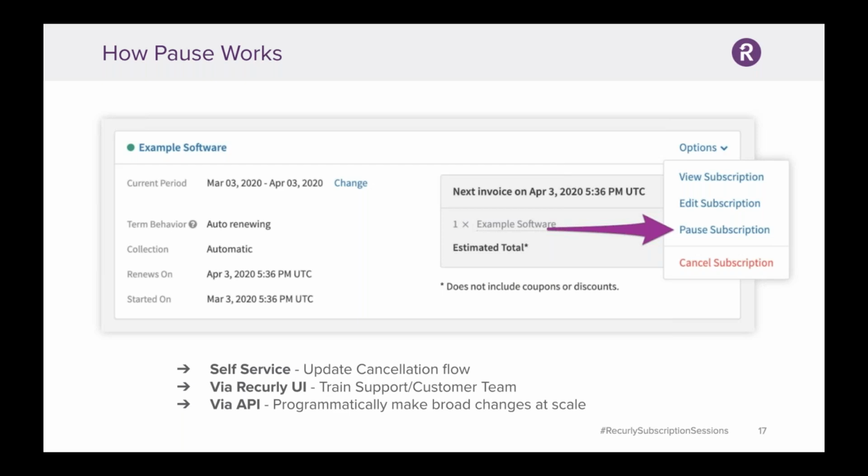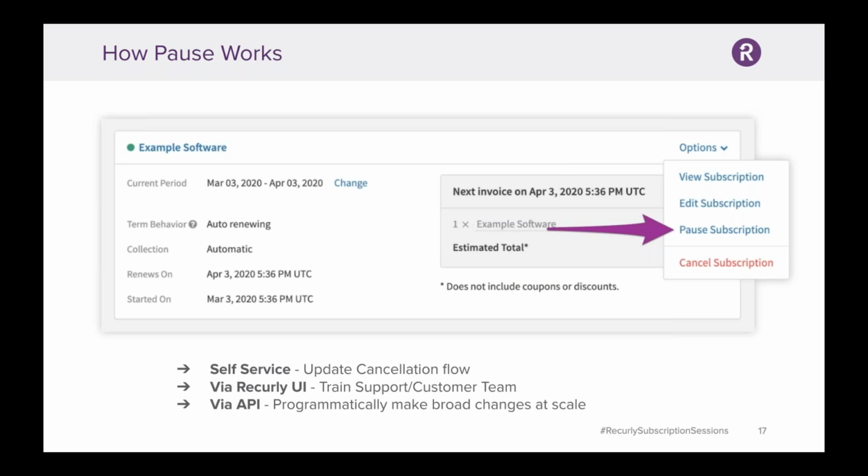So, all right, how does this actually work? How does the pause actually show itself? There's actually three basic ways that I'm talking to my merchants about and how I see them doing this. Obviously, the first thing is self-service. You need to adapt your cancellation flow, how you interrupt customers that are thinking about exiting. Giving them the option to pause is a really powerful option, right?